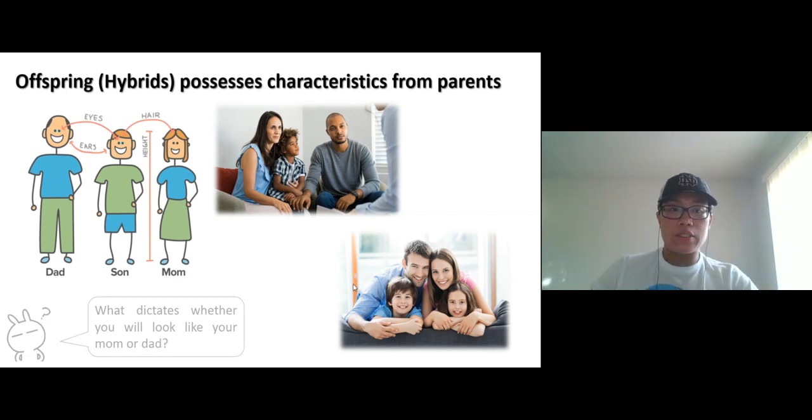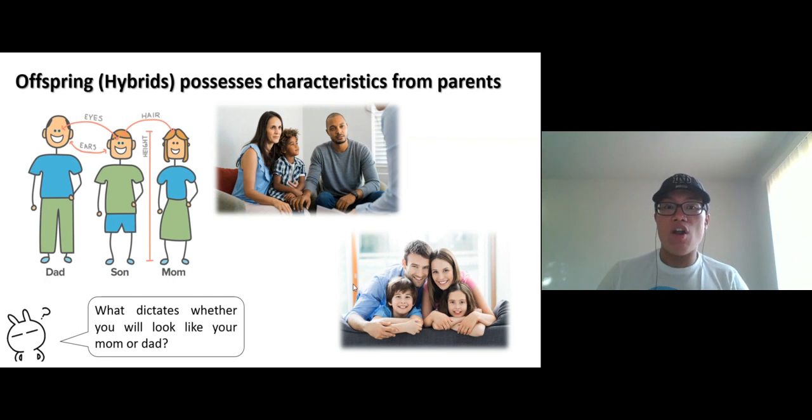The question to you is, what dictates whether or not you will look like your mom or your dad? What controls that? Have you heard about dominant genes and recessive genes? Yeah, you will possess the characteristic of the gene that is dominant.